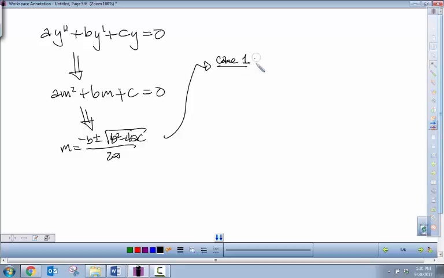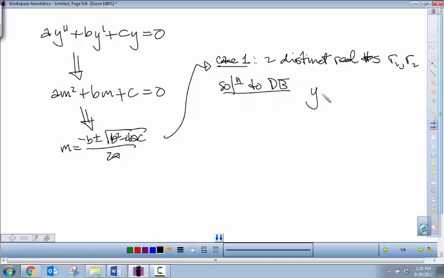So case one, you get two real numbers, and let's call it distinct. I think we call it R1 and R2, R for root. Then your solution to your differential equation is going to be given by y is equal to C1 e to the R1 x plus C2 e to the R2 x.